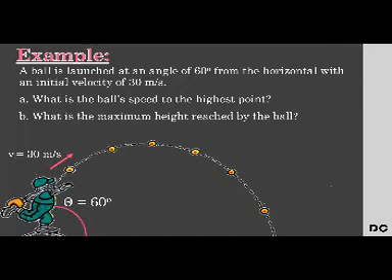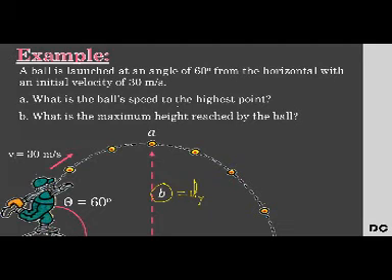The question is, what could be the ball speed to the highest point, and what is the maximum height reached by the ball? This is for the letter B, which is the d sub y. And for letter A, the ball speed to the highest point.